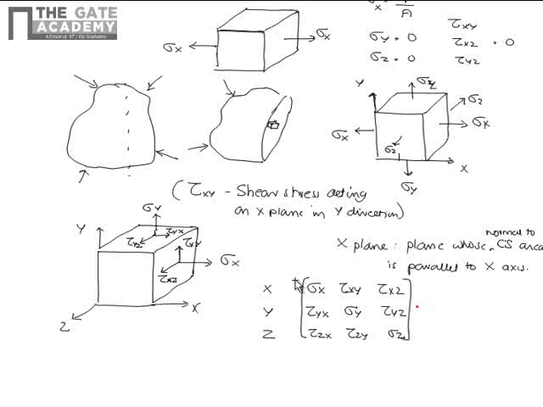Why do I say point when I have drawn a cube here? As we have seen, we have taken a very small cube, with dx, dy and dz being the sizes of the cube. When the sizes of the cube become 0, that is, when dx, dy, dz tend to 0, this cube will tend to be a point.